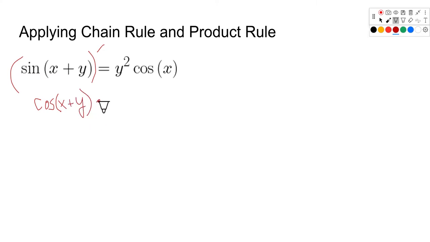But then I also remember with the chain rule, I have to take the derivative of that inside stuff. Okay, so I have to take the derivative of x plus y. Not too bad, but so I take the derivative of x, and what do I get? 1. Good. I take the derivative of y, what do I get? 1 dy/dx.